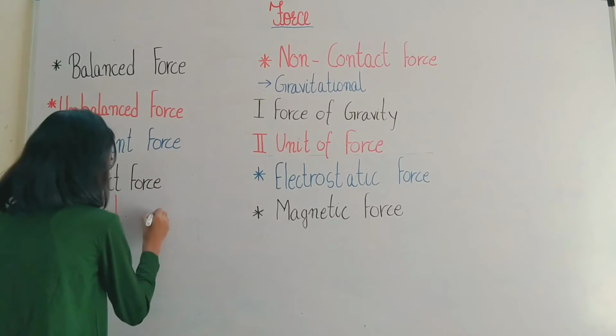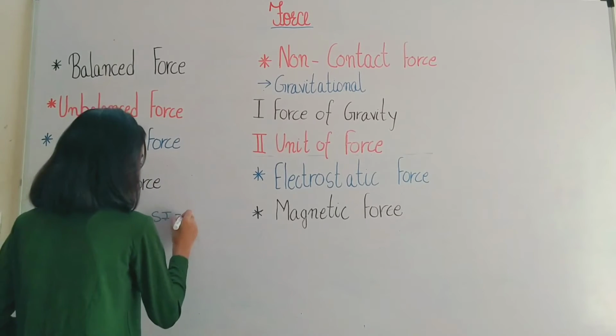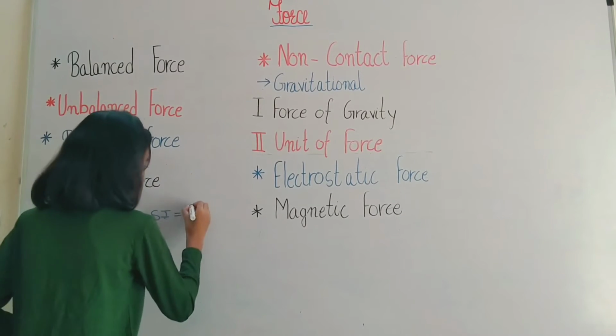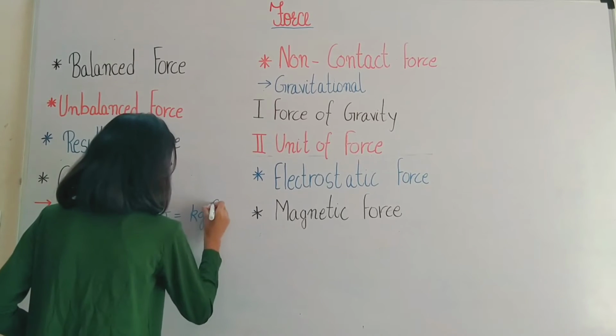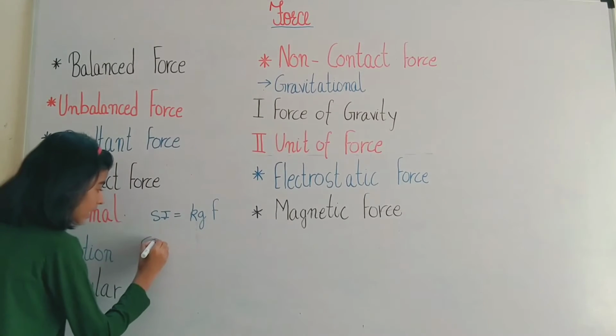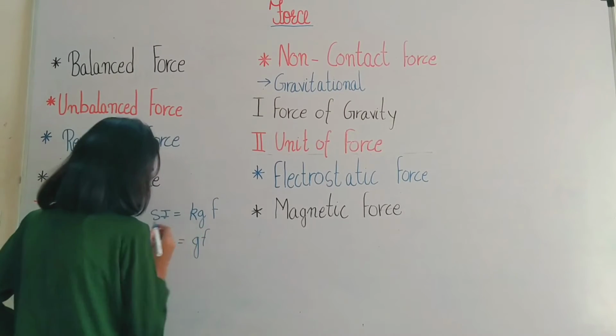So now the units of gravitational force. In SI unit, the gravitational force is calculated as kilogram force, and in the CGS unit it is calculated as gram force.